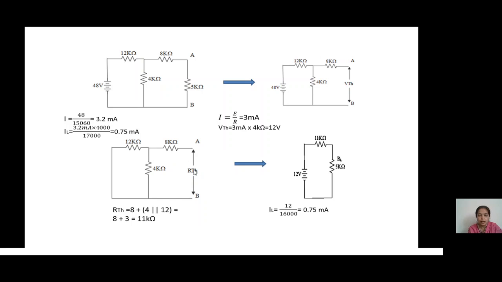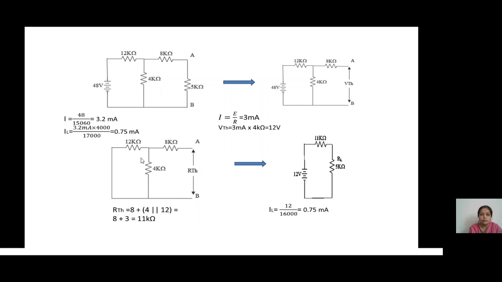So when you look back, this 12 and 4 are in parallel and that is in series with 8k. So 4 into 12 divided by 4 plus 12, plus 8, will give you 11 kilo ohms.